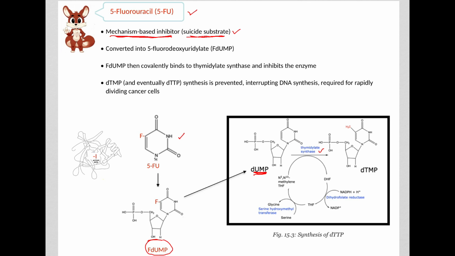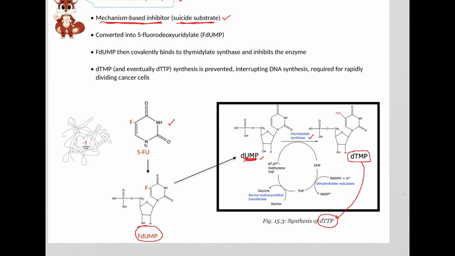This enzyme converts dUMP into dTMP, and this dTMP eventually will get converted into dTTP. Now dTTP is a substrate required for the synthesis of DNA. And of course DNA synthesis is very important for dividing cells. Cells that are actively dividing need to make a lot of dTTP because they need to copy all their chromosomes. They need to copy all their DNA.